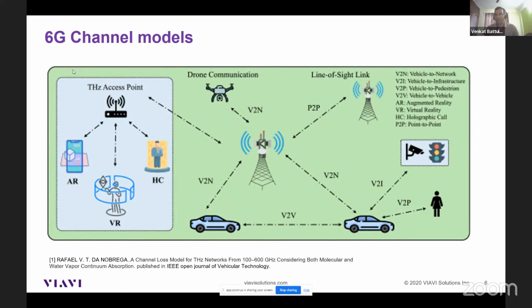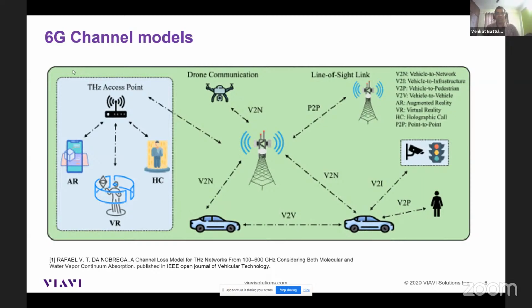Otherwise it will be a big chaos in the deployment. Then V2P, vehicle to person communication, because when you book a cab, the intelligent part of the car needs to communicate with the people. And the base station needs to communicate to another base station, that is P2P.